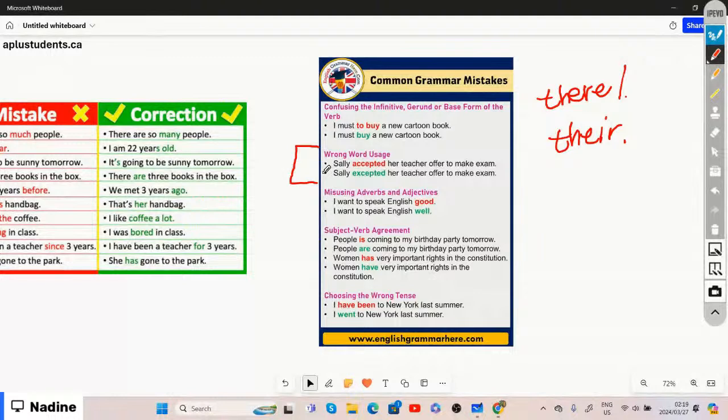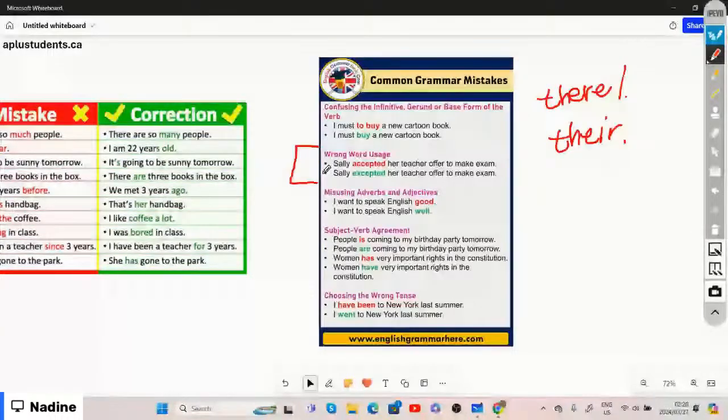It basically means you are receiving something. That is what accept means. If you accept something, you are receiving something willingly. An example is accepting a gift.